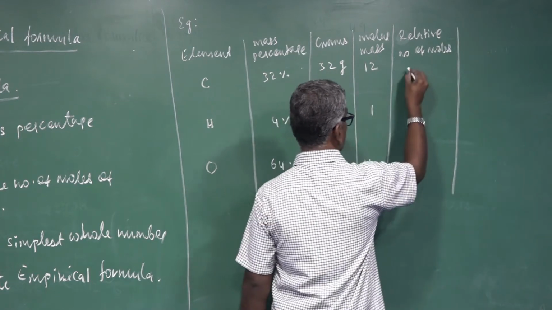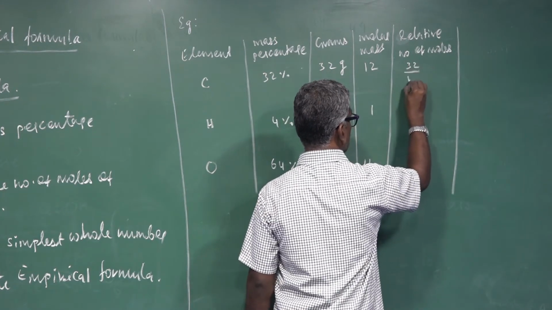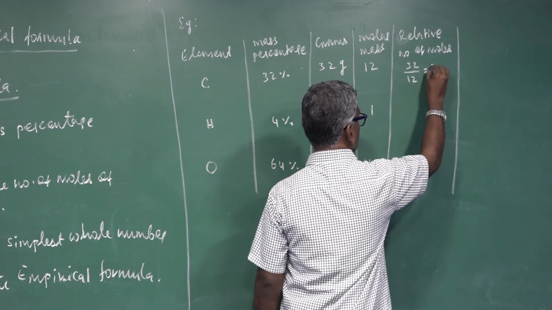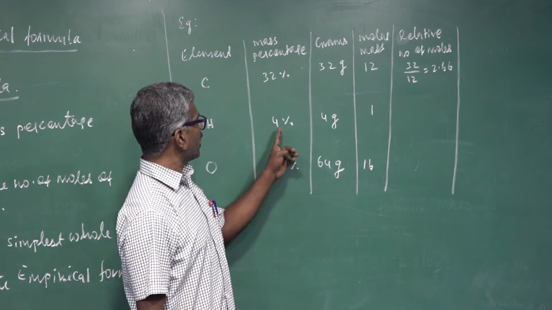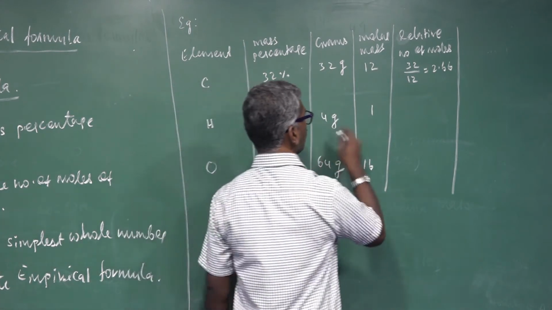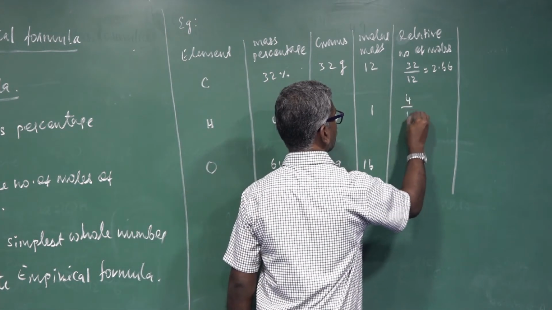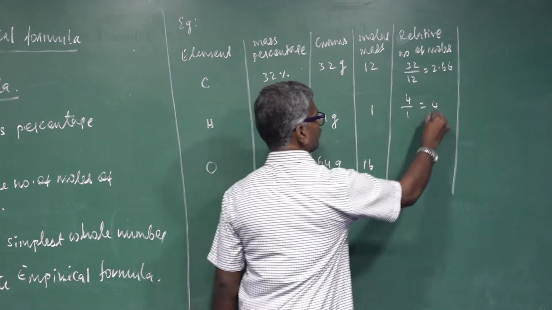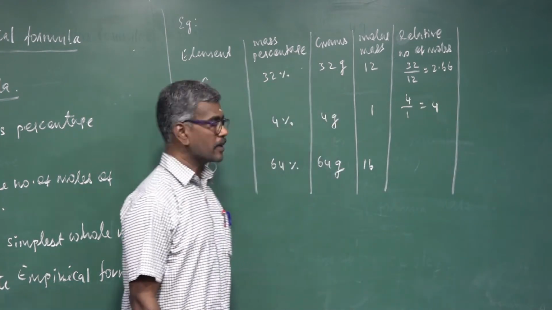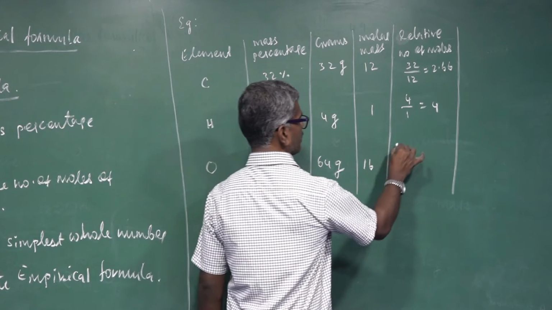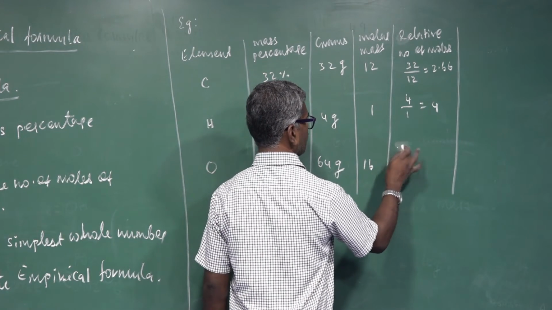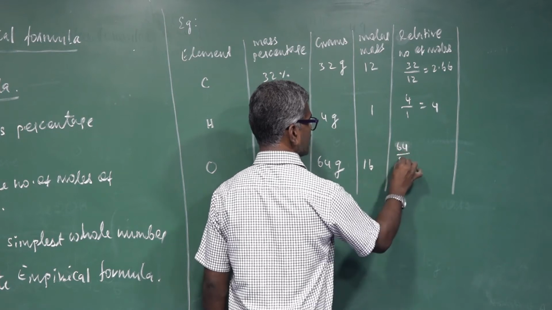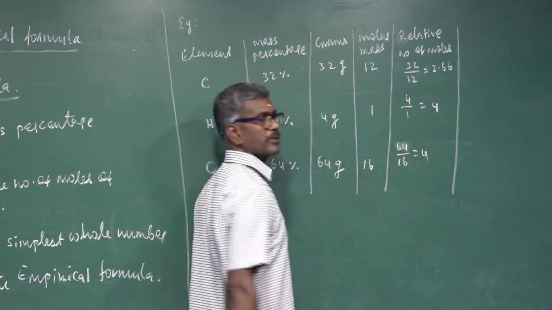Here, the mass is 32, molar mass 12, the answer is 2.66. Next, the mass is 4 divided by 1, that is 4. Next, the mass is 64 divided by 16, that is 4.